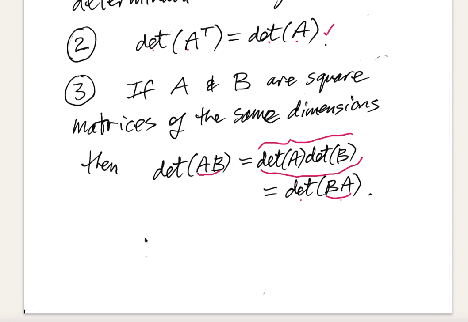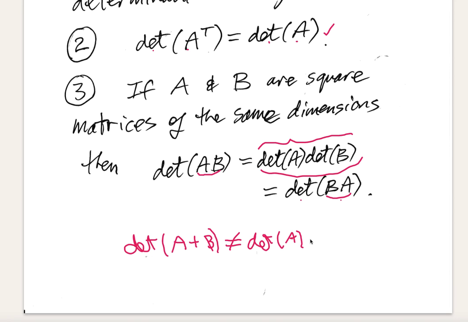It is not additive, however. I just want to throw this in here. If I take the determinant of the sum of two square matrices, it is not generally equal to the sum of the determinants. It's not additive. This generally does not work. Generally, these two are different.